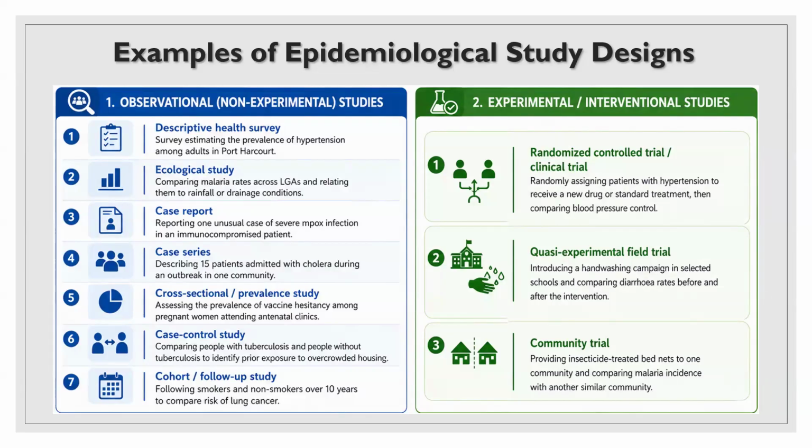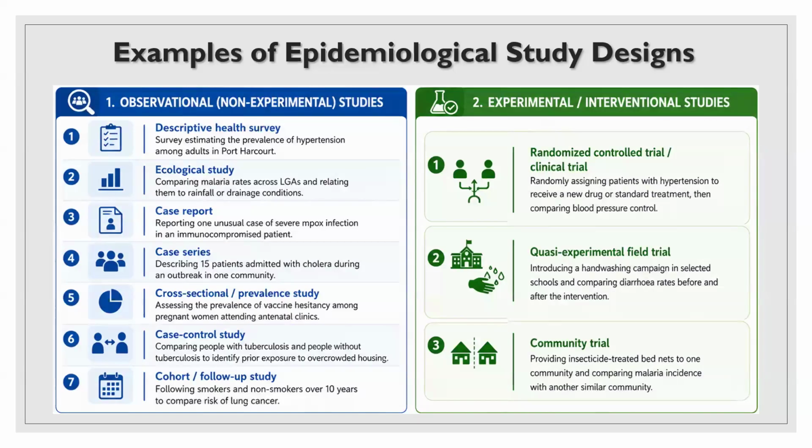Why is it descriptive? Because you just want to know whether they have the health condition you're interested in or not. Do they have hypertension? Yes or no? Do they have diabetes? Yes or no? Do they have malaria? Yes or no? So you are just describing the health condition they have. So that's why it's a descriptive health survey.